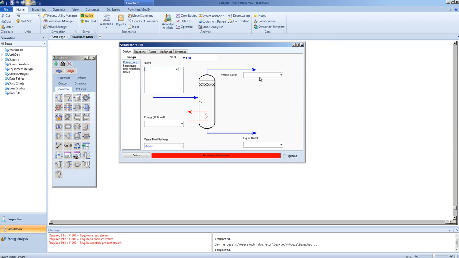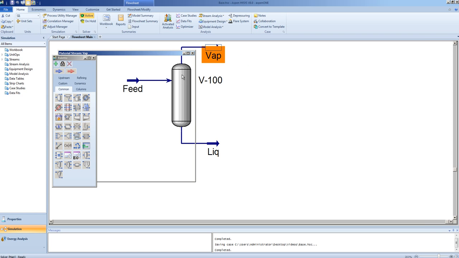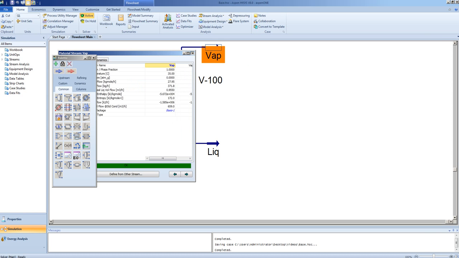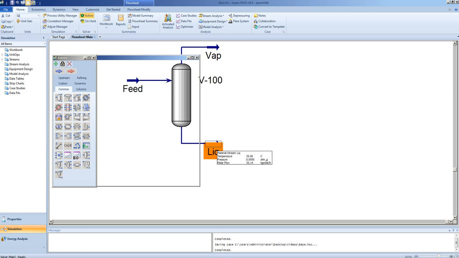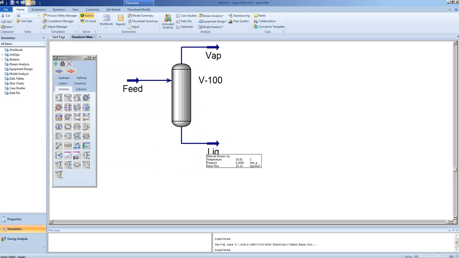So the feed is going to give you your vapors and liquids. Now we'll see that the vapor fraction of the vapor should be 1. The liquid vapor fraction should be 0. And we're ready to send this liquid to a pumping system.